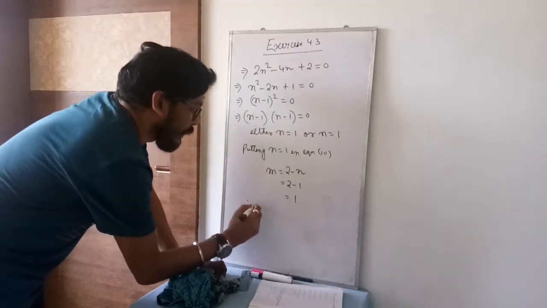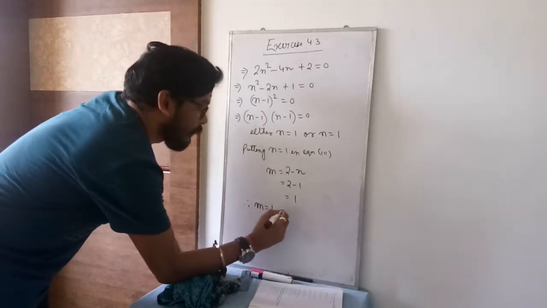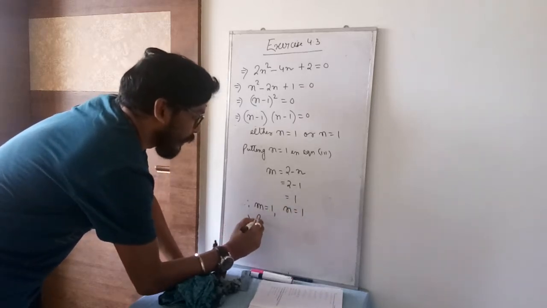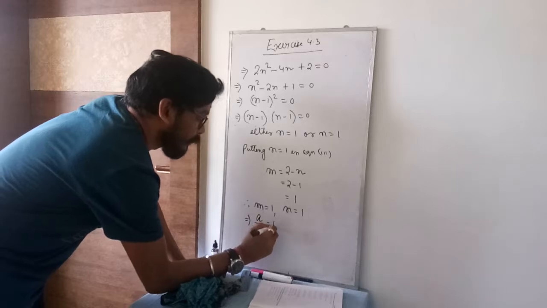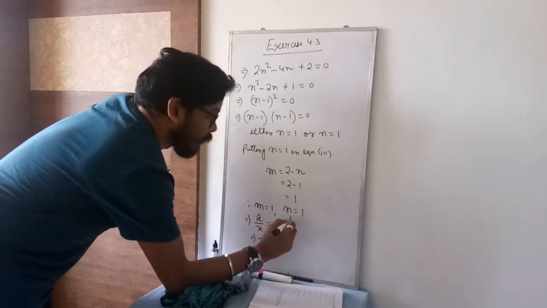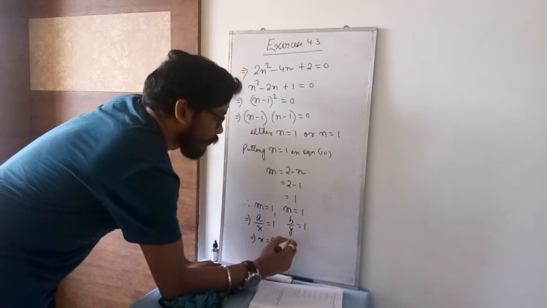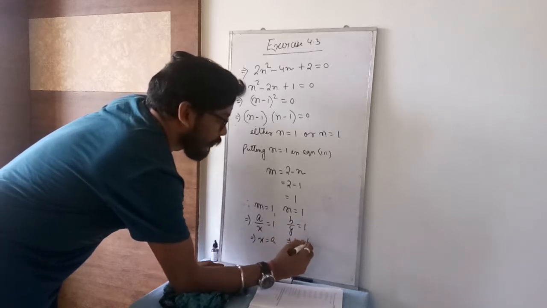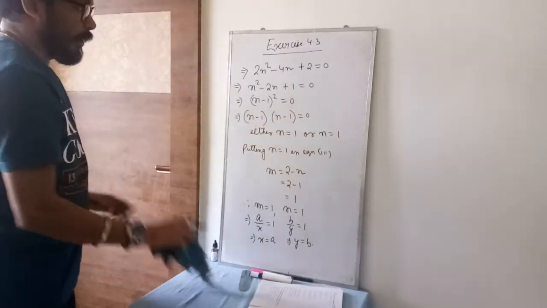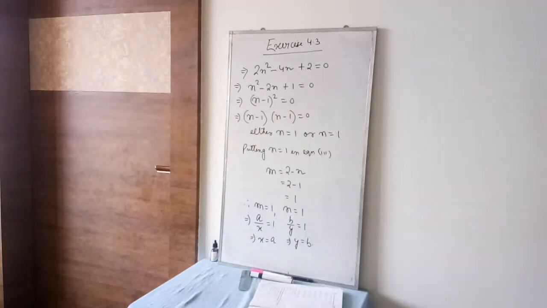So at last you can write m equal to 1, n equal to 1. What was your m? Your m was a by x equal to 1. This implies x equal to a. Your n was b by y equal to 1, so y equal to b. So what are the values you got? a comma b. So last, take the screenshot.